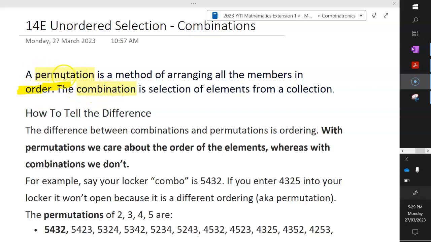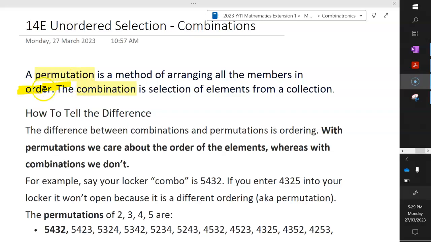So when we had a look at permutations, it was a method of arranging all the members of a group in a particular order, and order was important with a permutation. When we have a look at a combination, the combination is a selection of elements from a collection, but the order that we are looking at those things at is not important.